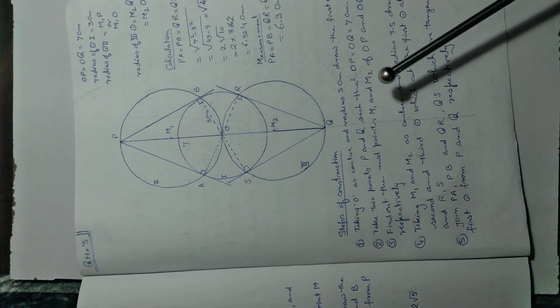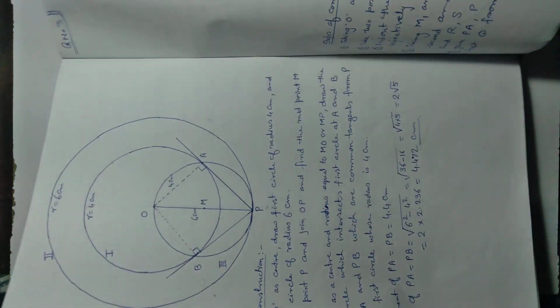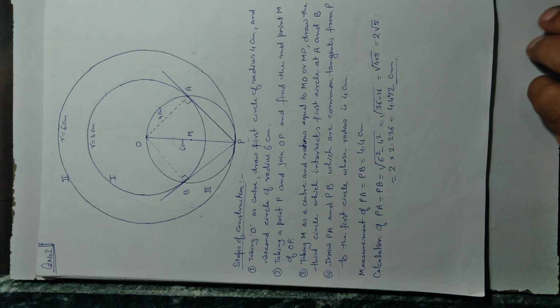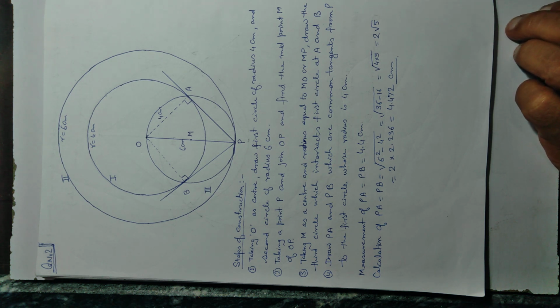Now proceed to question number 2. Construct a tangent to a circle of radius 4 cm from a point on the concentric circle of radius 6 cm and measure its length.